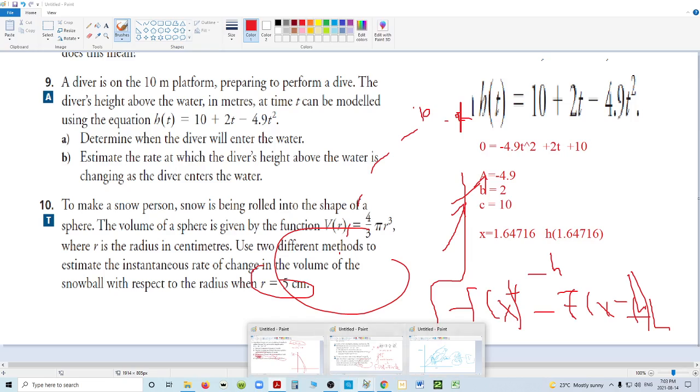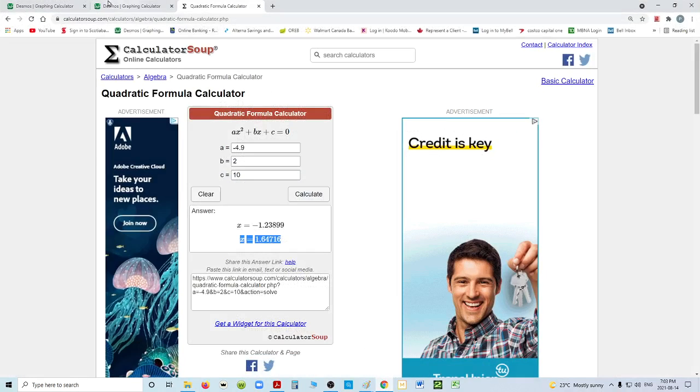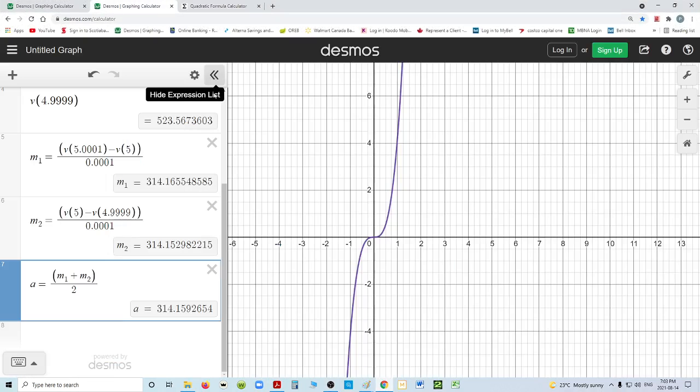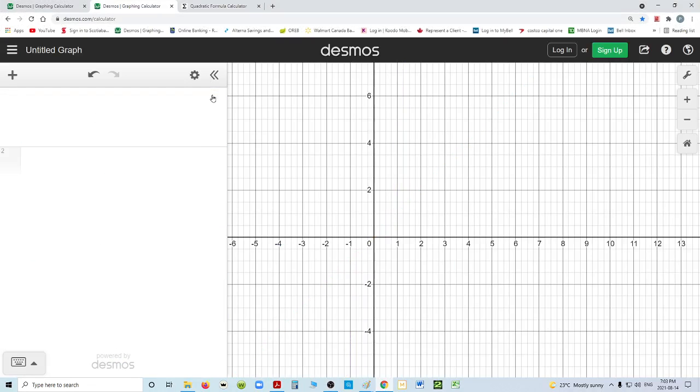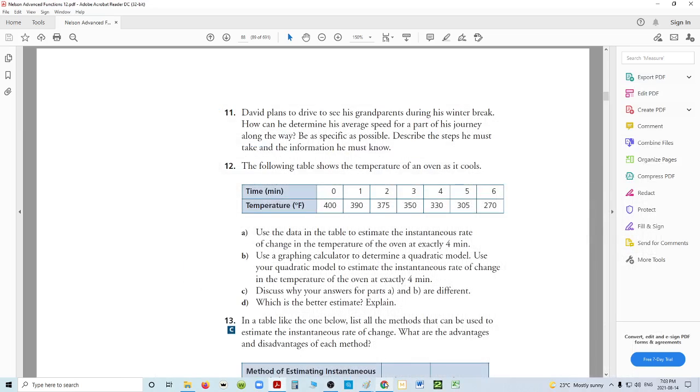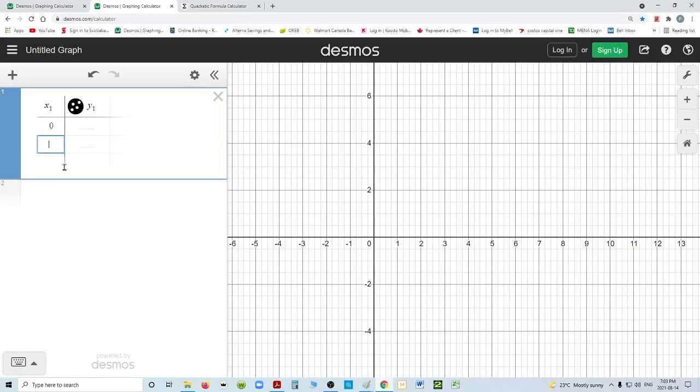Actually, you know what? Here's how you do it in Desmos. So in Desmos, you set up a table. I'm going to have to go soon, by the way, so I'm going to have to cut this short and resume the questions. So you just add a table, and you put in your time. So our time is going to be 0 through 6. 0, 1, 2, 3, 4, 5, 6.